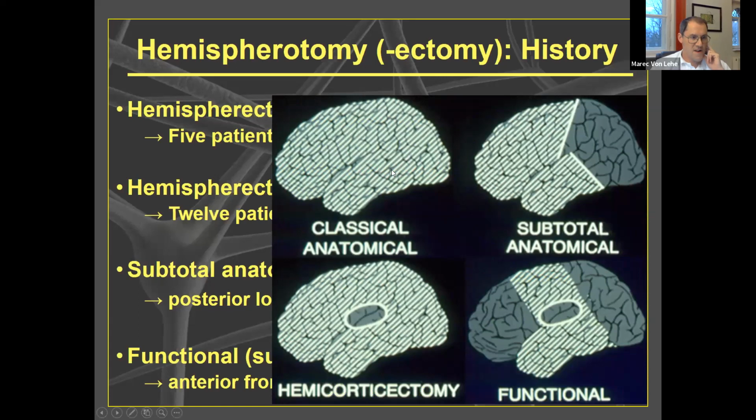We have a classical anatomical resection of the whole hemisphere, then the basal ganglia were left behind in some instances, and then Rasmussen developed the subtotal anatomical and functional hemispherectomy, where he left larger parts like the posterior lobes, or the frontal lobe and posterior lobes, behind, just disconnecting them, and resected the central cortex and the temporal lobe.